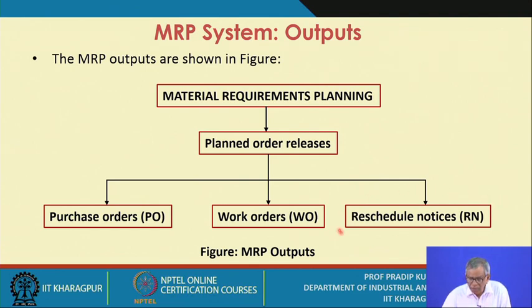And then you constantly monitor the situation. These are basically the work orders you are placing. Now you are monitoring the lead time, and as time passes the situation changes, and as per the changed conditions, many a time you need to send notices to the concerned persons, the concerned work units or the concerned suppliers.